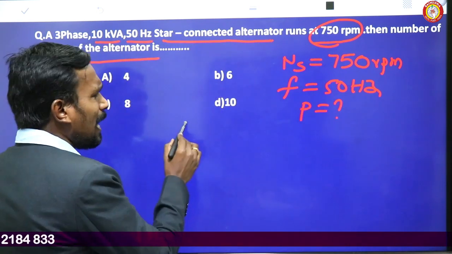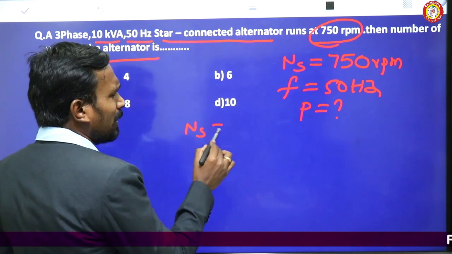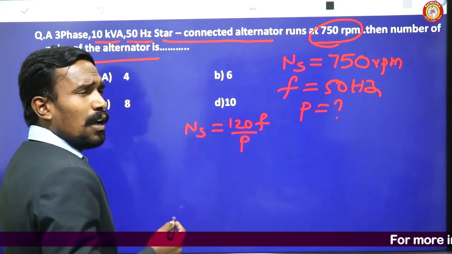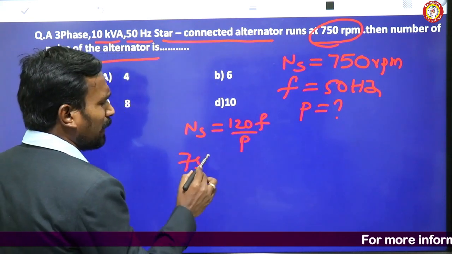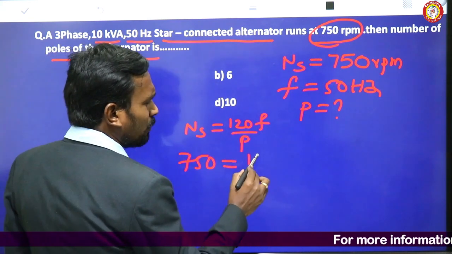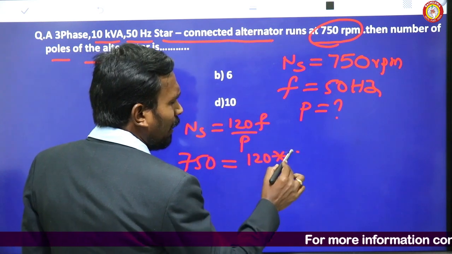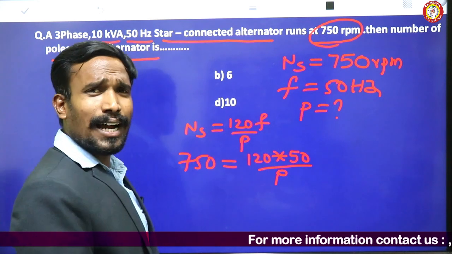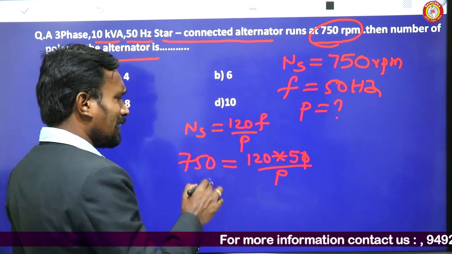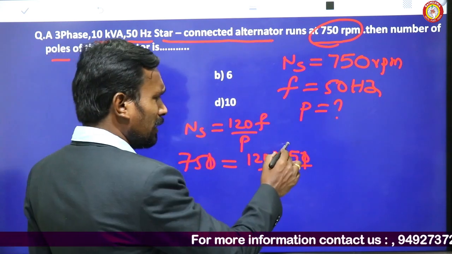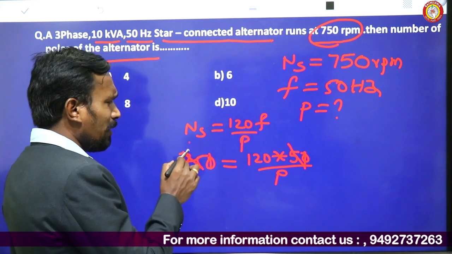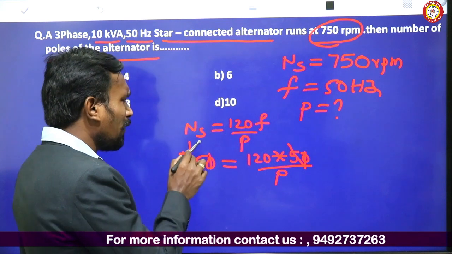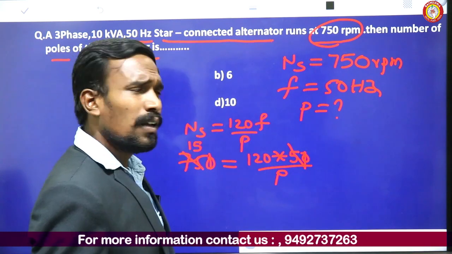What is the formula, guys? We know that Ns is equal to 120 F by P, where Ns is 750. 750 is equal to 120 F by P. The 0 gets cancelled, and 5 gets cancelled, 25, 5 fives are.